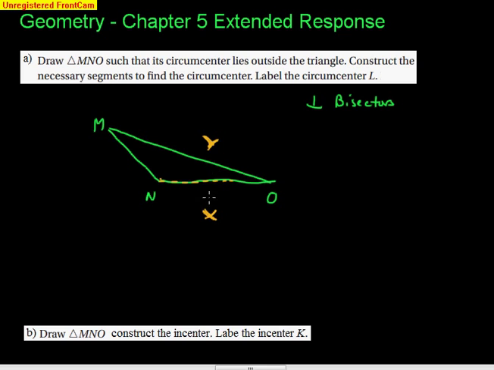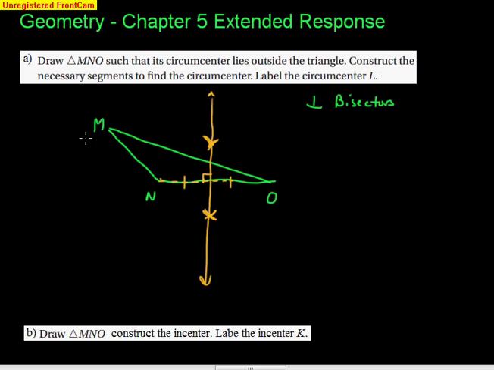Once you have those two intersecting arcs, that's how you draw your perpendicular bisector, straight down through. Like so. And I know that it's perpendicular, and it bisects the side NO.